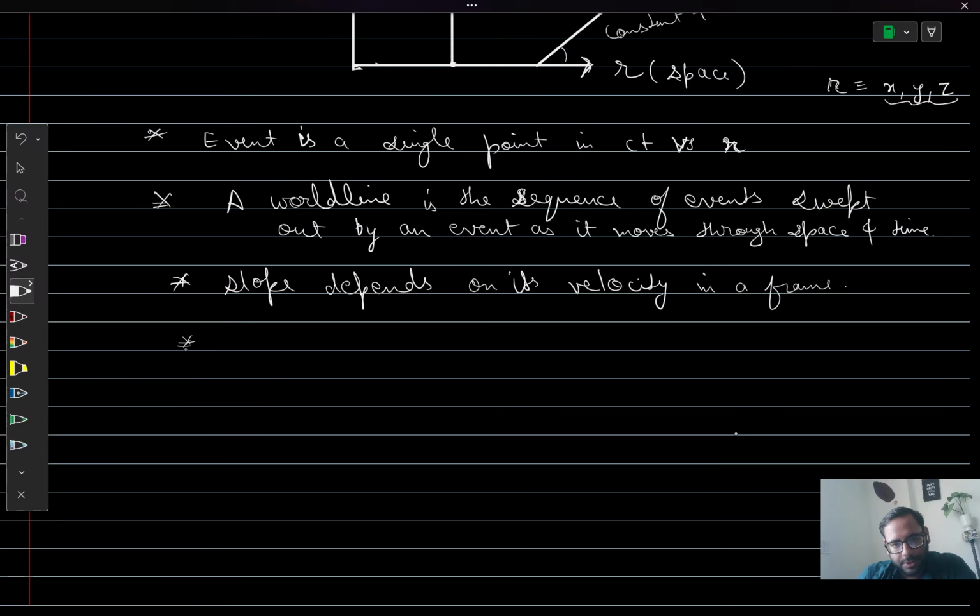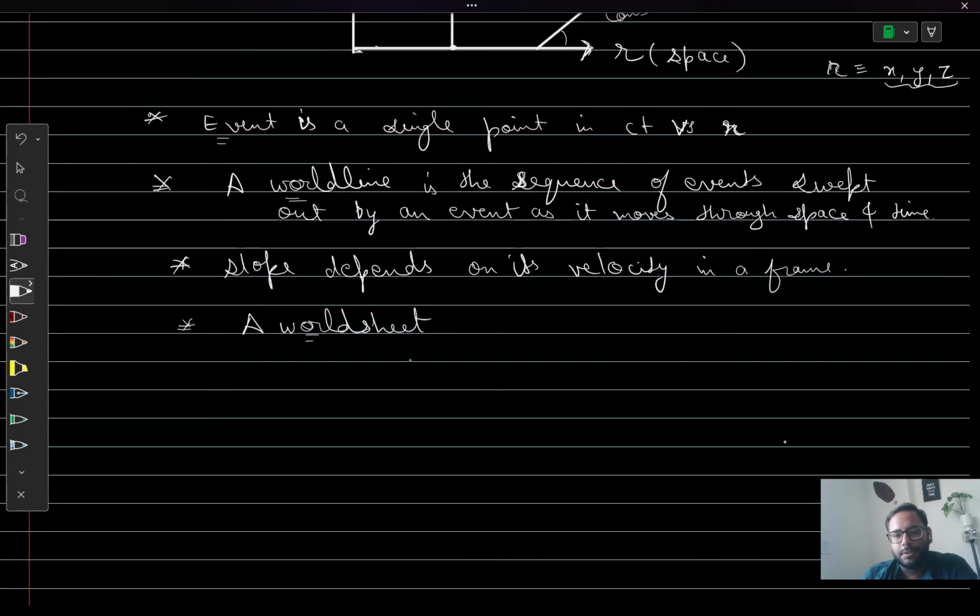Now, what is a world sheet? Just remark these important words. What is a world line? What is a slope here? What is an event? What is a world sheet?